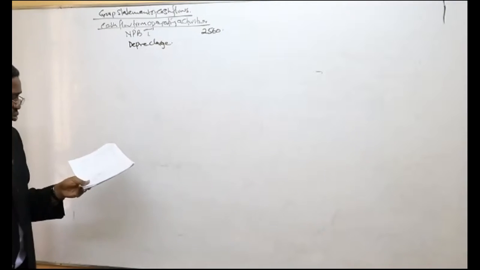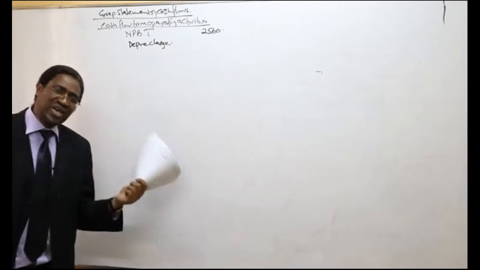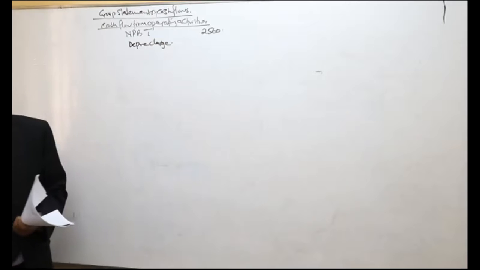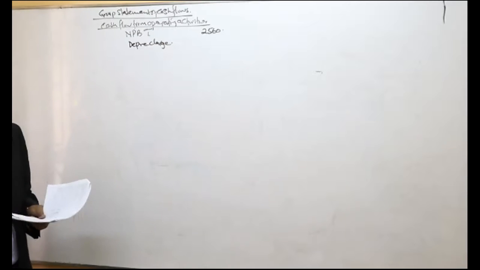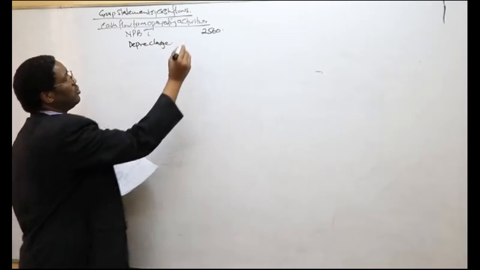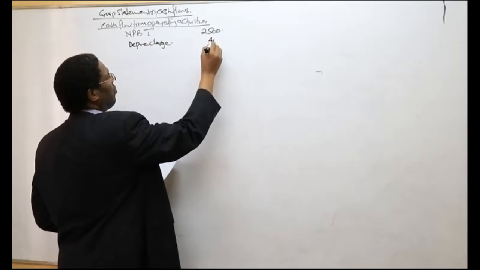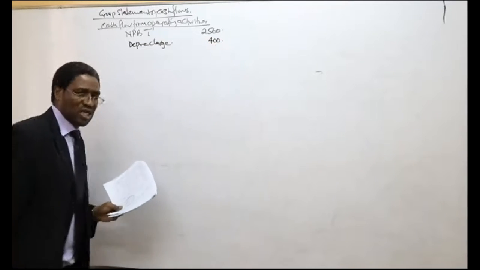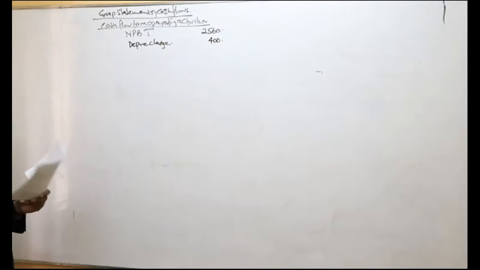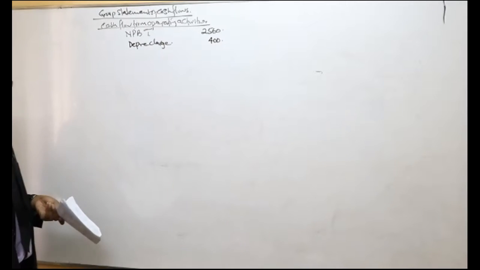For this question, we were not given the depreciation charge, so go to where we calculated. What did we get as the depreciation charge? I remember we got a depreciation charge of 400 million. Then we look for any other non-cash item.